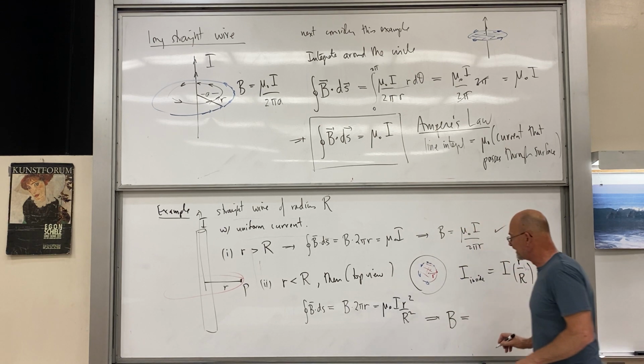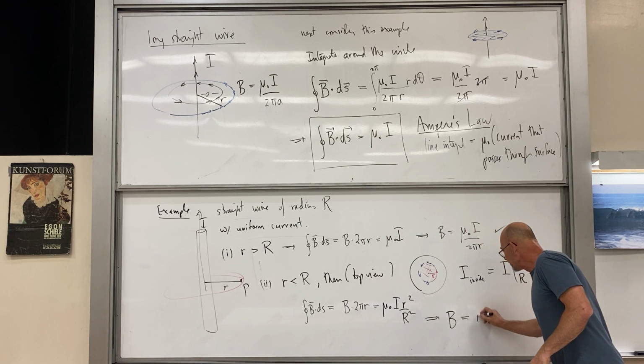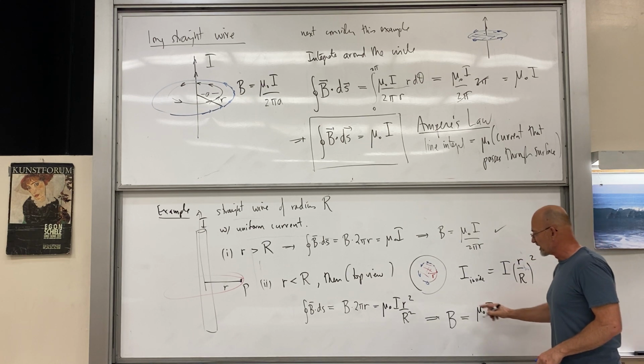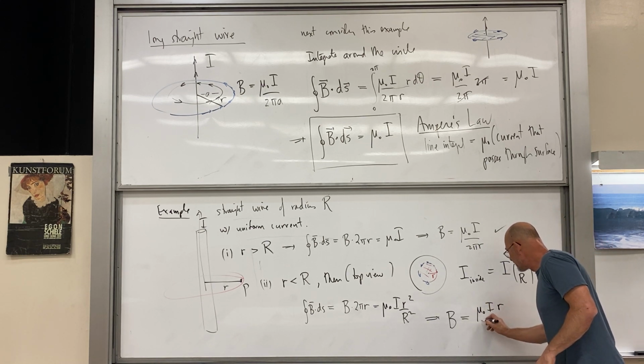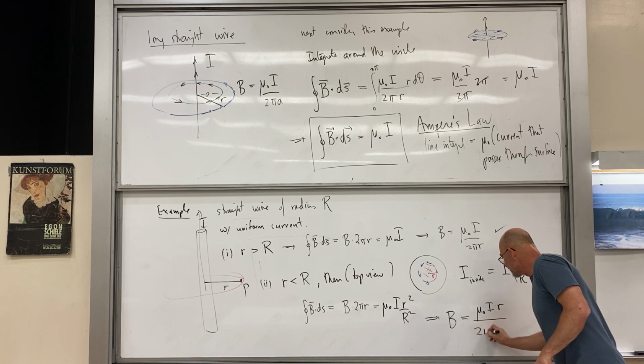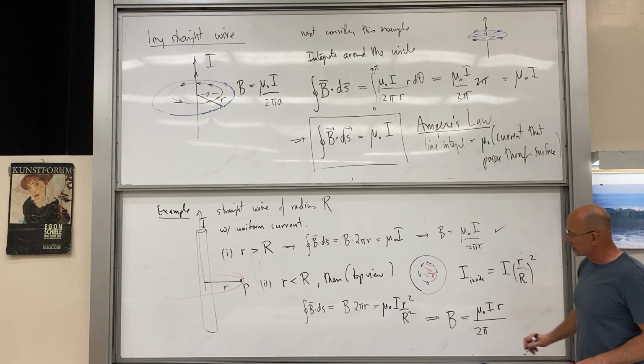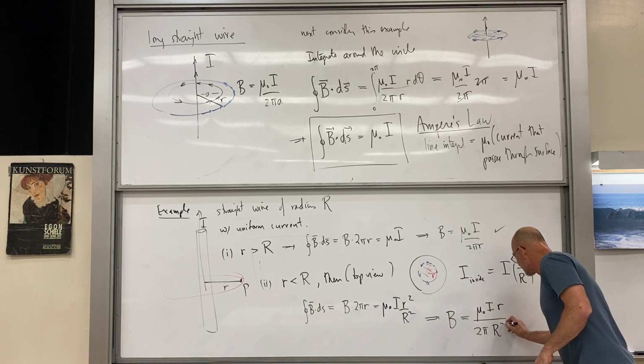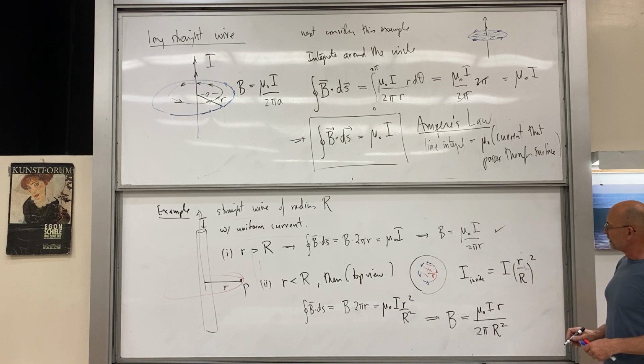B is equal to mu naught I r over 2 pi R squared. We're going to have 1 power of r, we're going to have 2 pi, and we're still going to have that R squared. So here's the thing, let's go ahead and put this in a box.